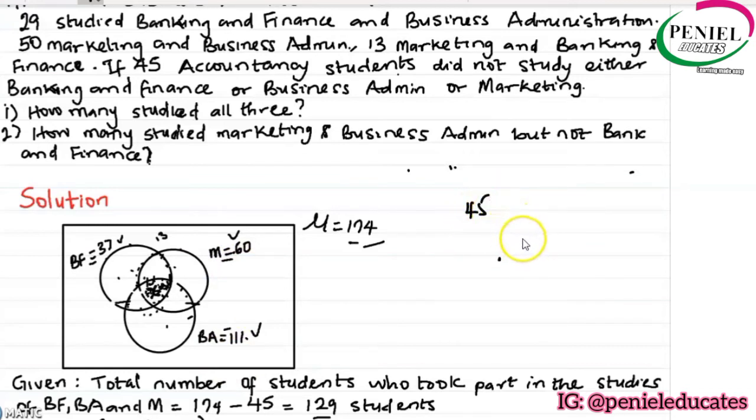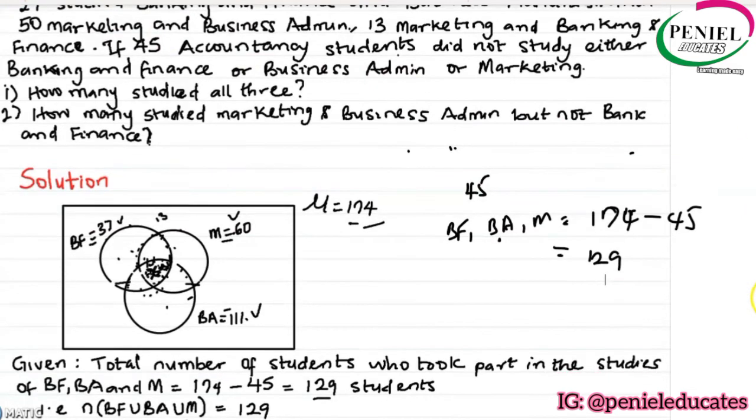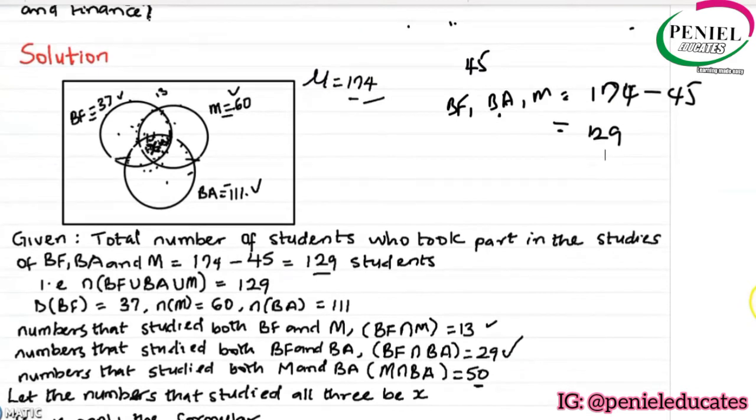So that means the people that actually studied banking and finance, business admin and marketing are 174 minus 45 who did not register for any of those courses. So we have 129 students that studied the three courses.